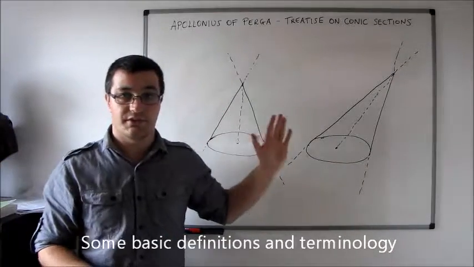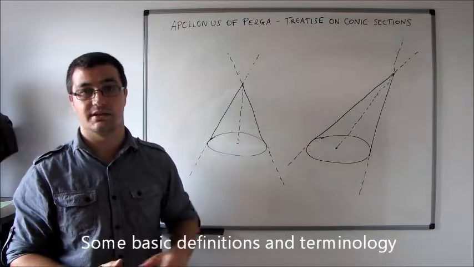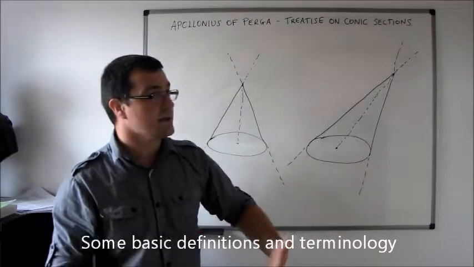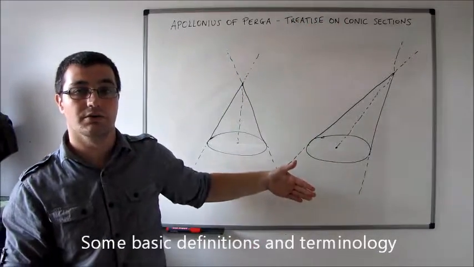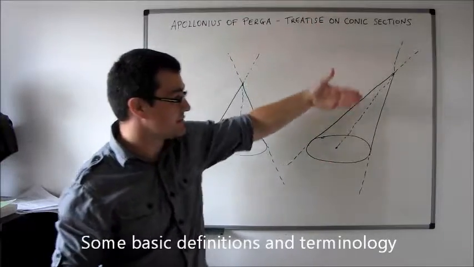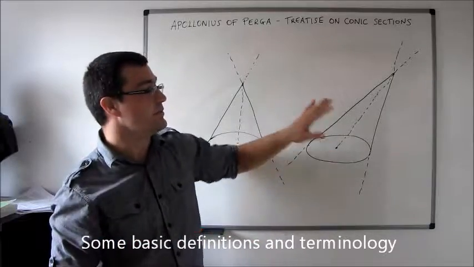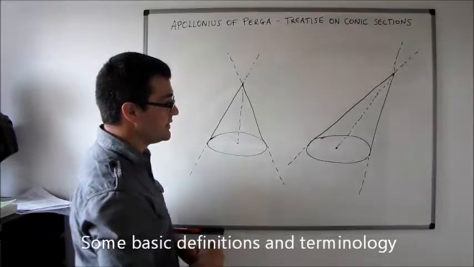Once I've got the axis defined, then I can start talking about what are called axial triangles. An axial triangle is formed from a plane which contains that axis and cuts the cone, and the intersection of that cutting plane with the surface of the cone itself will produce what's called an axial triangle.